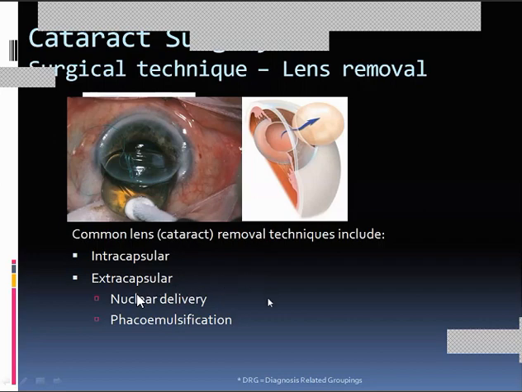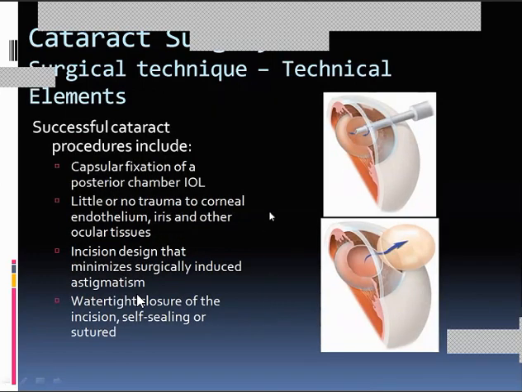Here the nucleus delivery is done, or otherwise the nucleus can be totally removed, as in the case of SICS, or by means of phacoemulsification. Also, we are removing the cataractous lens by total emulsification with sound waves.